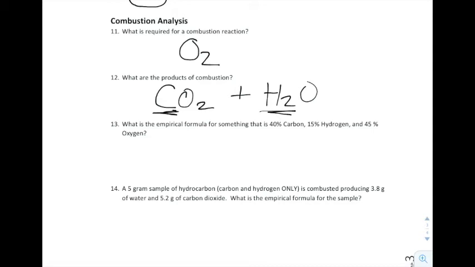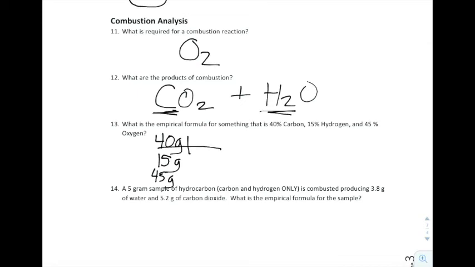So it says, what is the empirical formula for something that is 40% carbon, 15% hydrogen, and 45% oxygen? And this is by mass. So whenever you do this, you pretend that it's 40 grams instead of 40%, 15 grams instead of 15%, and 45 grams instead of 45%. You divide by the molar mass.